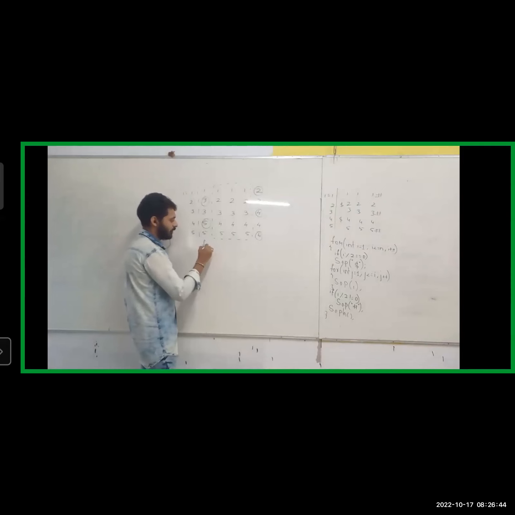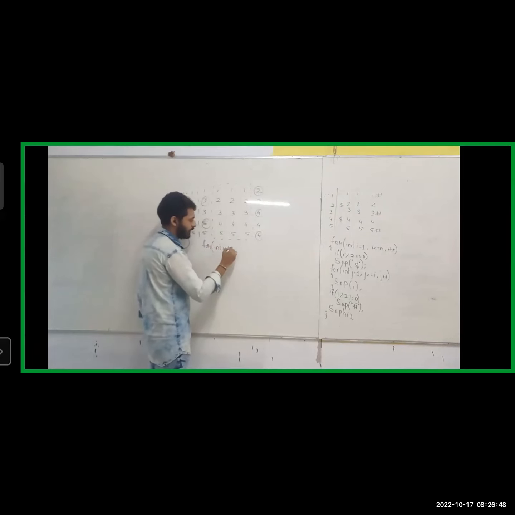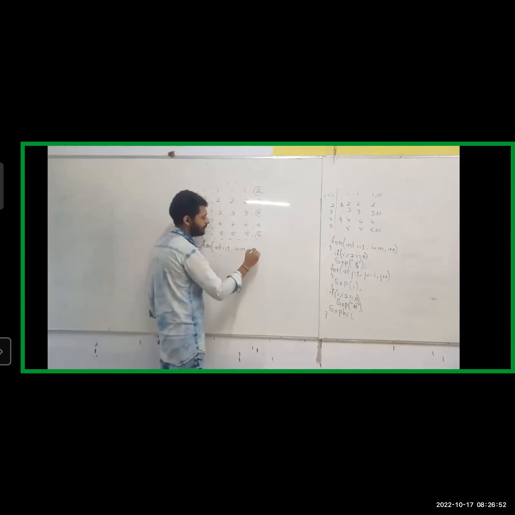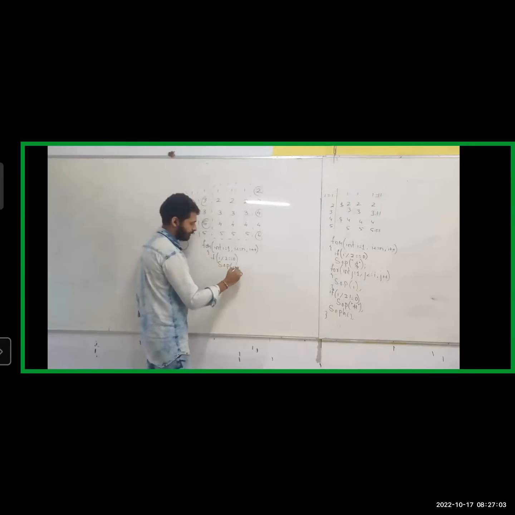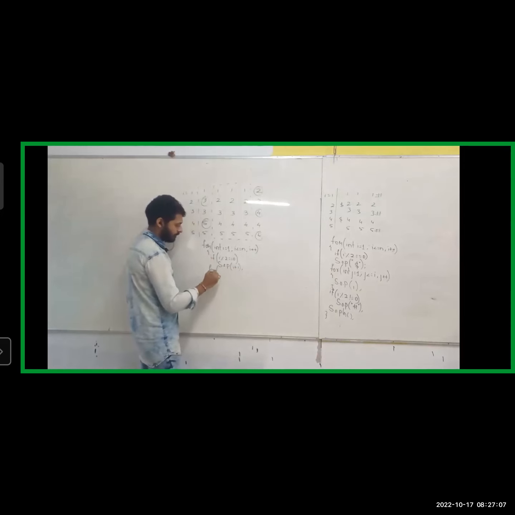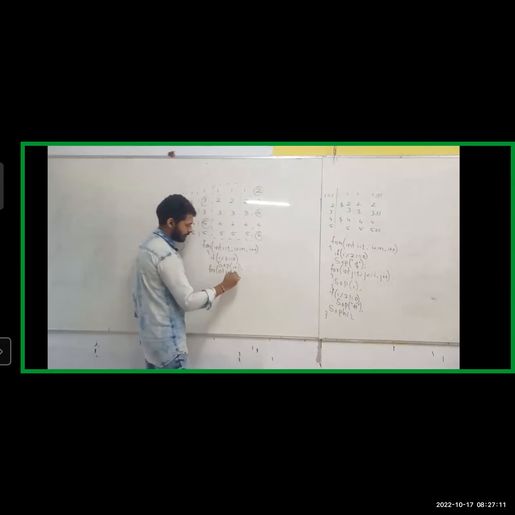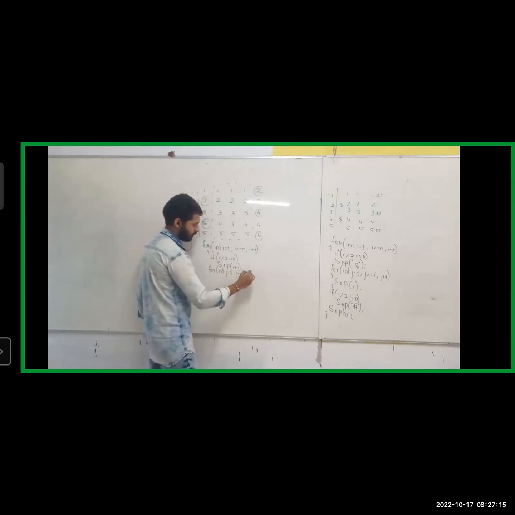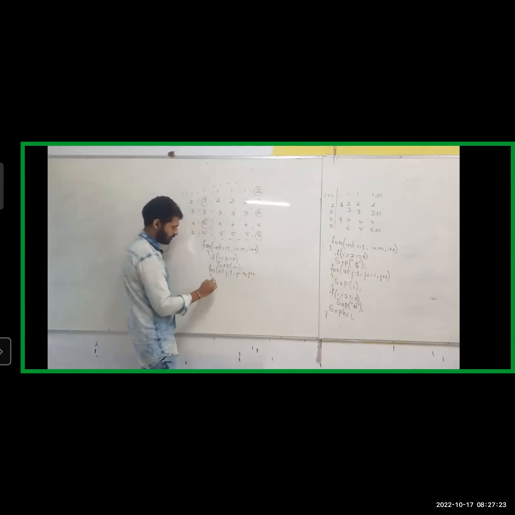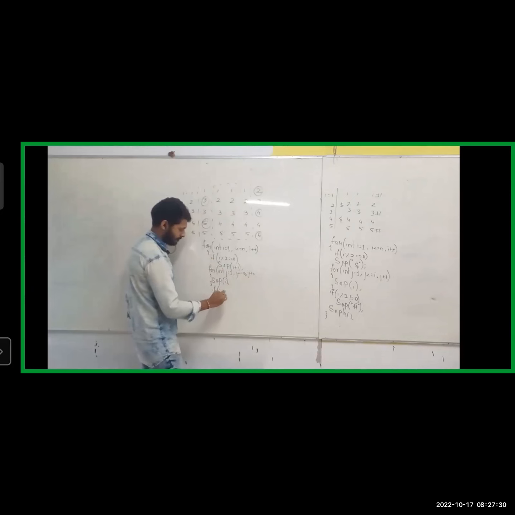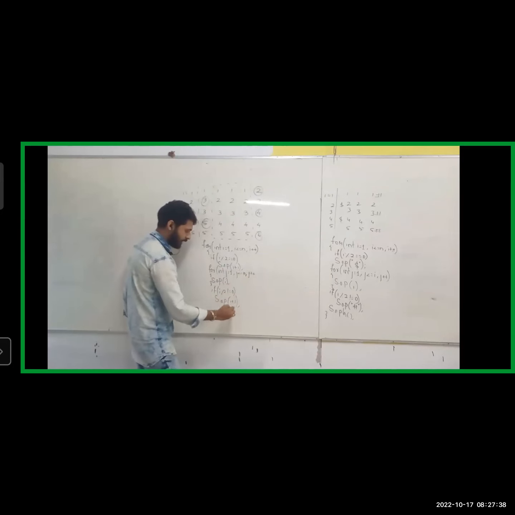So here I'll just write for integer i equal to 1, i less than or equal to n, i plus plus, if i mod 2 equal to 0, System.out.print. For j less than or equal to n plus... here also I should print i plus 1 only.